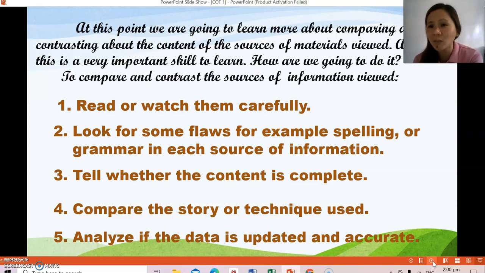Of course, as I told you last time, you are going to rely only on credible sources. For example, if you're looking for cases of the COVID-19 pandemic, you're going to look for information coming from a reliable source such as the DOH or the WHO.